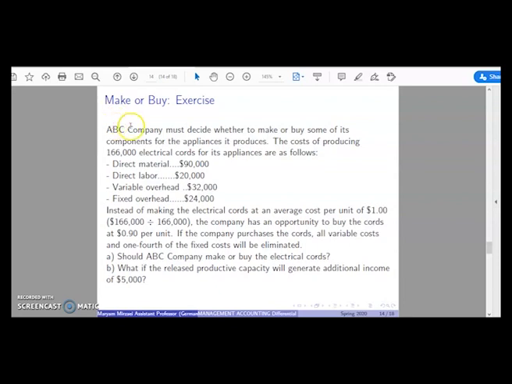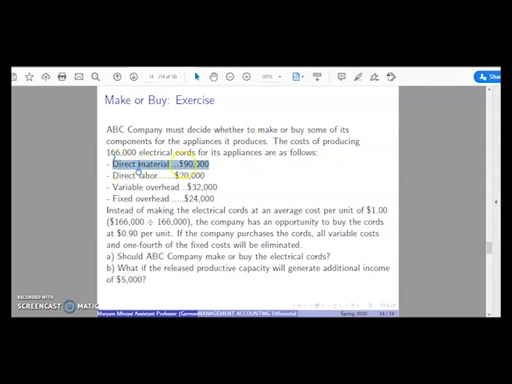Okay, here we have another exercise for make or buy decision. ABC company must decide whether to make or buy some of the components for the appliances it produces. The cost of producing 160,000 electrical cords for its appliances is as follows.